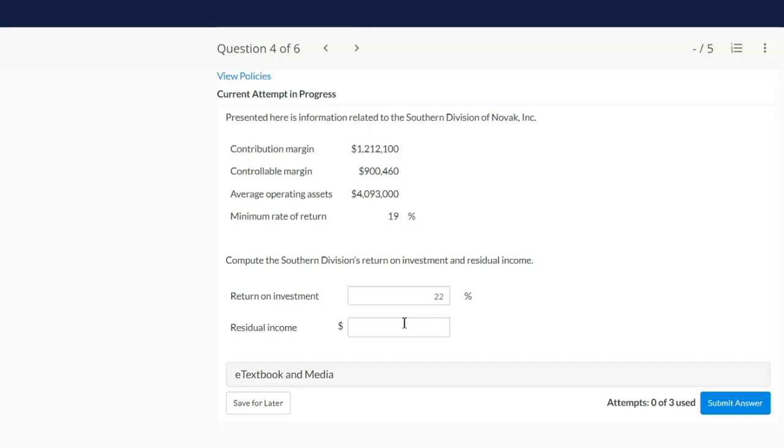Then take the controllable margin, which is 900,460, minus the number you have now. That's what they earned. What did they expect to earn? They expected to earn 19% on 4,093,000. So how much did they earn in excess? Residual means excess. So that's 900,460 minus 777,670. The answer I'm getting is 122,790. Okay.